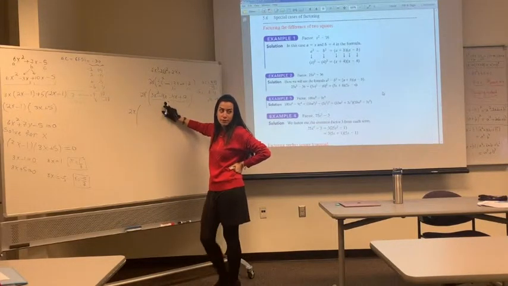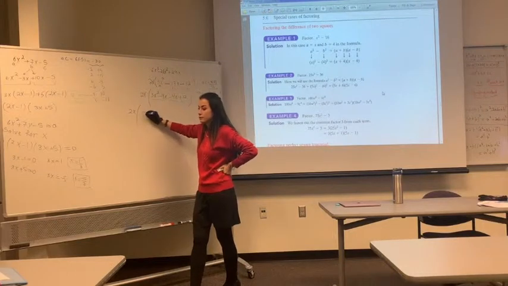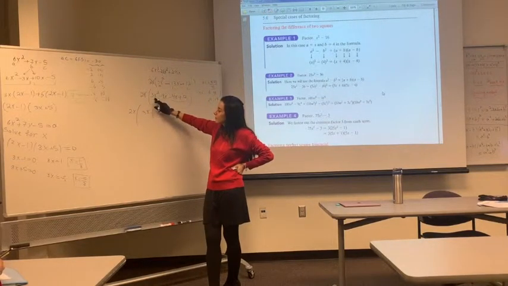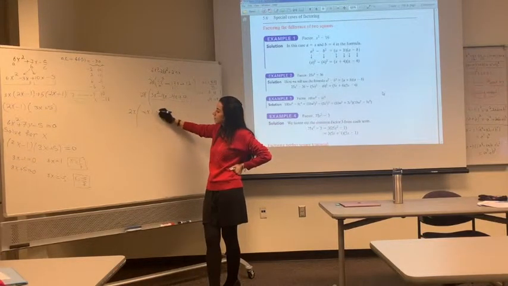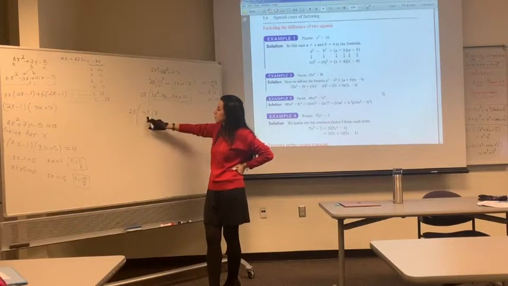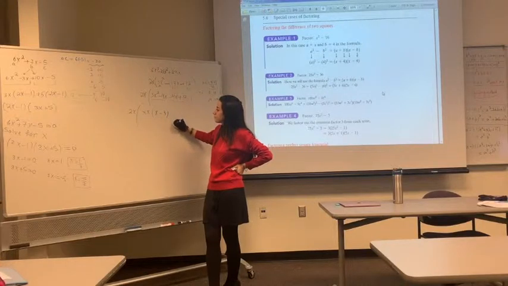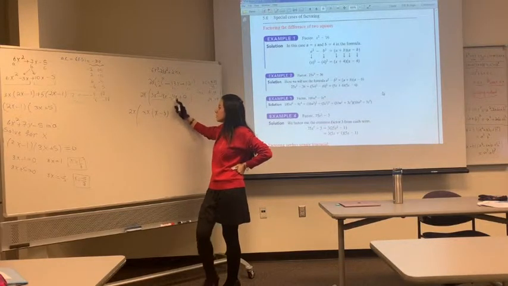What is the common factor? 3x. So from here, if we bring out 3x, what remains? Just 1x. This one divided by this one gives us negative what? 3. Right? So now, what is common between these two?